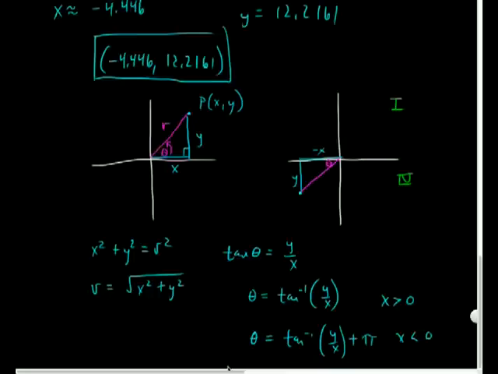So let me write these down. Looks like I'm at the bottom of my page. So our 3 more facts, important ones to know. I'm writing in green in this case for whatever reason. r is equal to the square root of x squared plus y squared was our first one. And then we had theta is equal to the tan inverse of y over x.